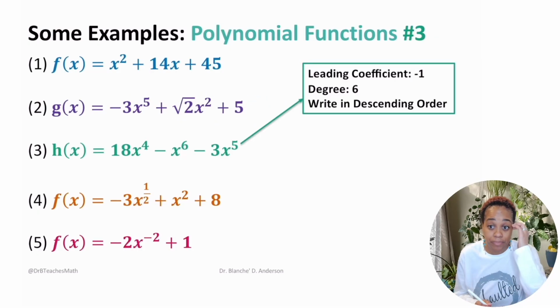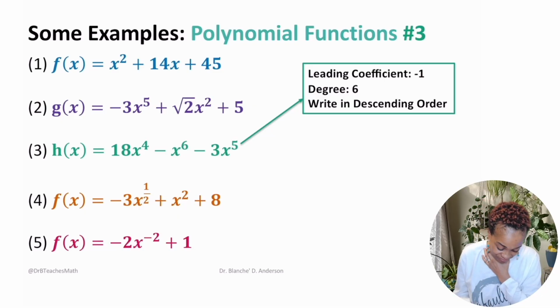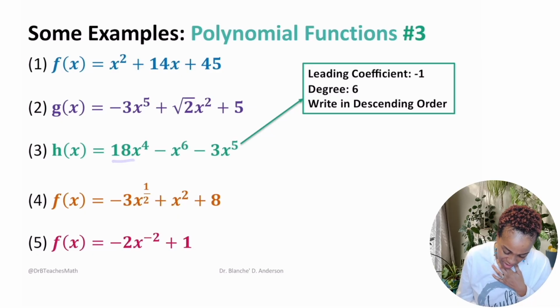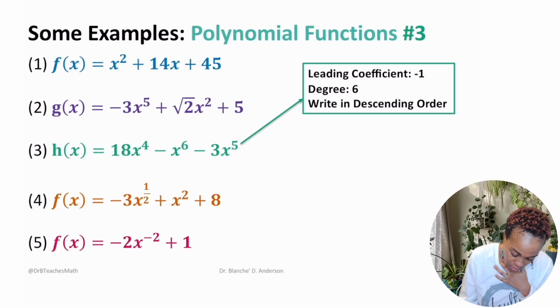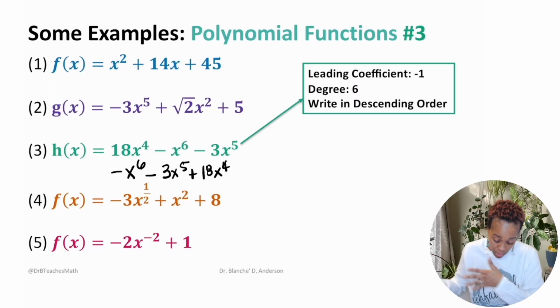What about this one? This one has a leading coefficient of -1. Now, how many of y'all said 18? If I were to write this in order, it would be -x to the 6 minus 3x to the 5th, right? Plus 18x to the 4th. If I were to write it in descending power order.